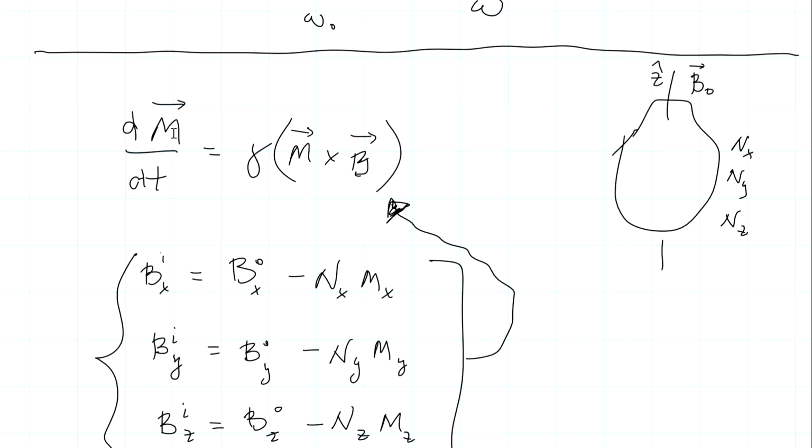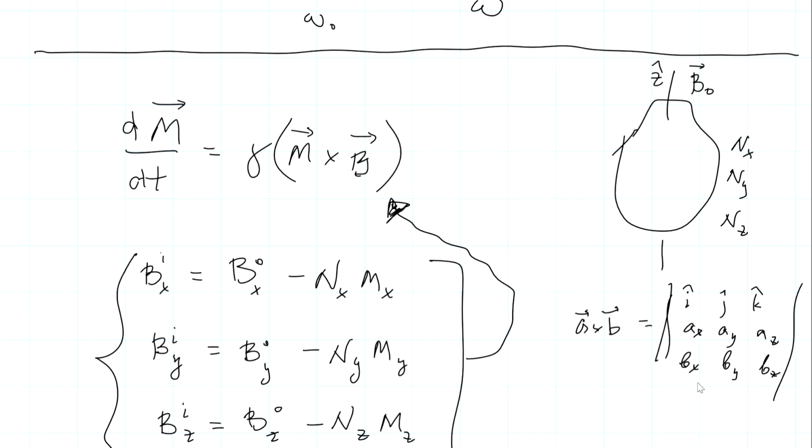So it's a cross product, so you can write the cross product as you know. So A cross B, two vectors. You take a determinant i, j, k, Ax, Ay, Az, Bx, By, Bz. So you take this in the following form and use that to expand this into the component form.